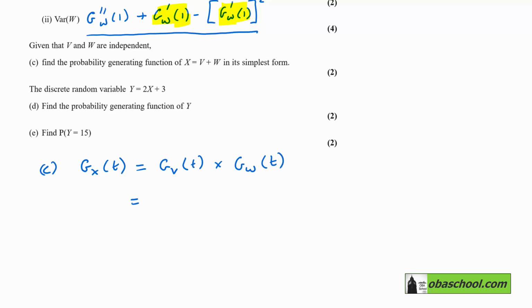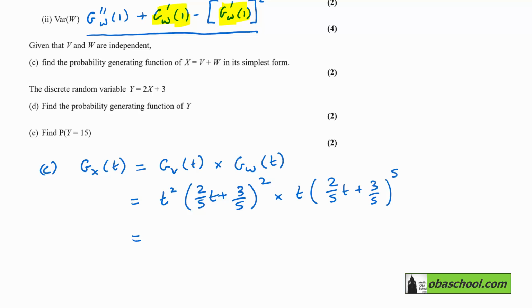Now we have the different generating functions from above. So this one was t squared, 2/5 t plus 3/5 squared. And the w was t, 2/5 t plus 3/5 to the power 5.